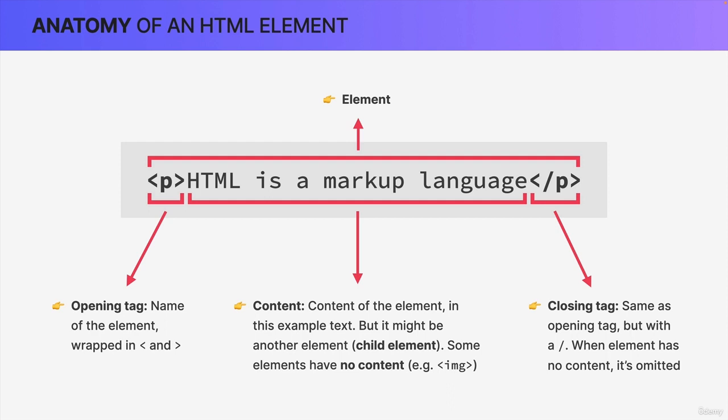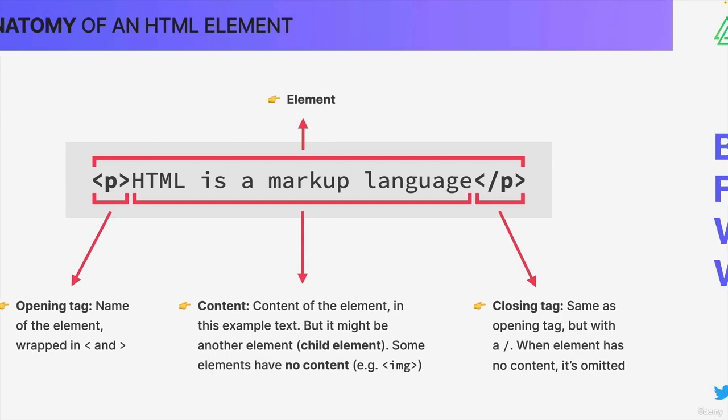So the closing tag is basically the same as the opening tag, but with a slash in front of the P. So we open the paragraph element simply with the P, and then we close it with /P like this. Okay, and that's really all you need to know in order to start learning HTML in practice, which is exactly what we will do in the next lecture.